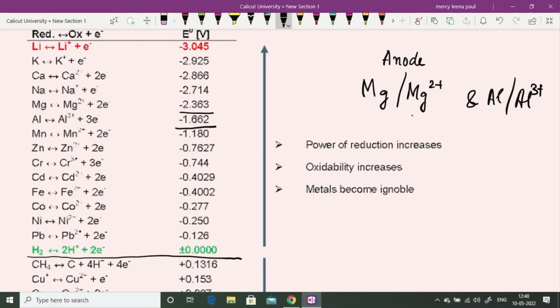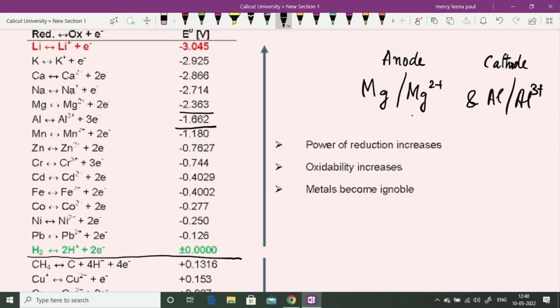So, when I combine these two, magnesium will undergo oxidation and act as the anode, while aluminum, which has a higher reduction potential, will be the cathode.